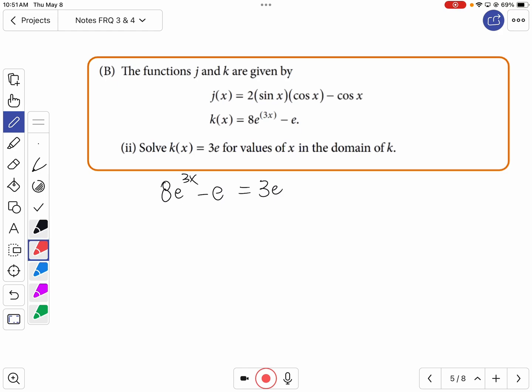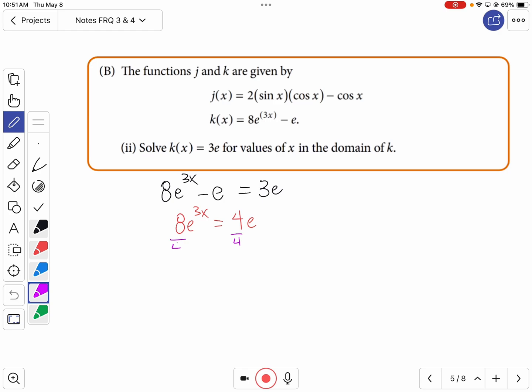So if I pull that over, that gives me 8e to the 3x would be 4e's. Okay, that looks a little better. Let's get rid of the coefficient. Let's divide by the 4 so that we don't get a fraction.